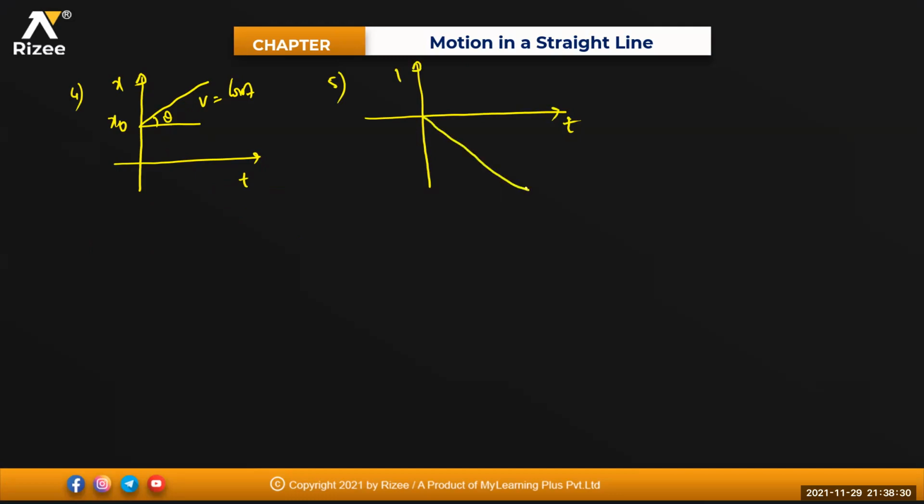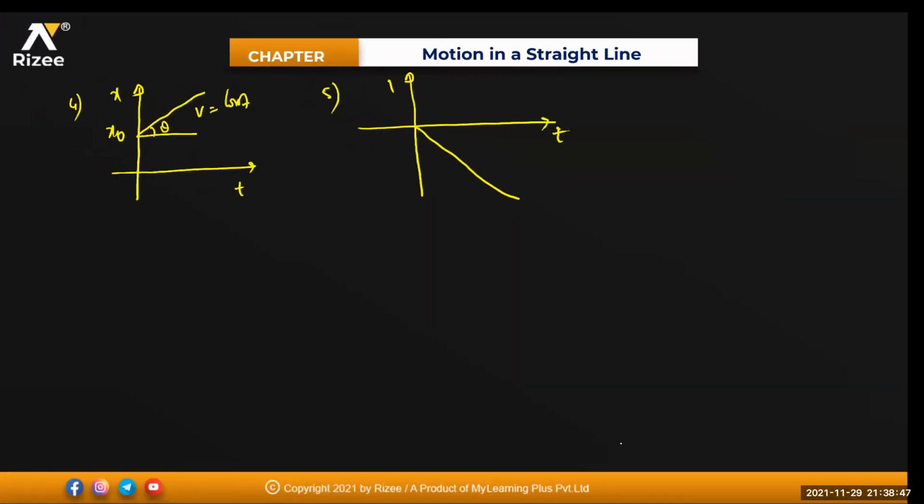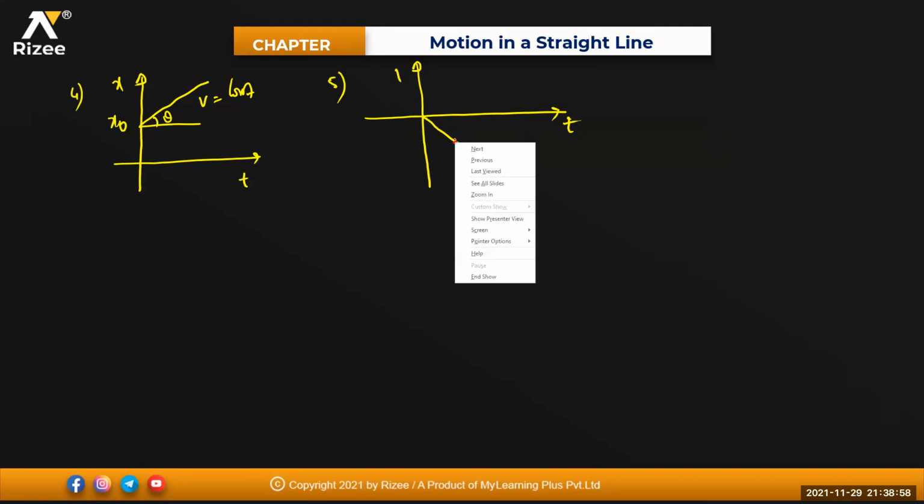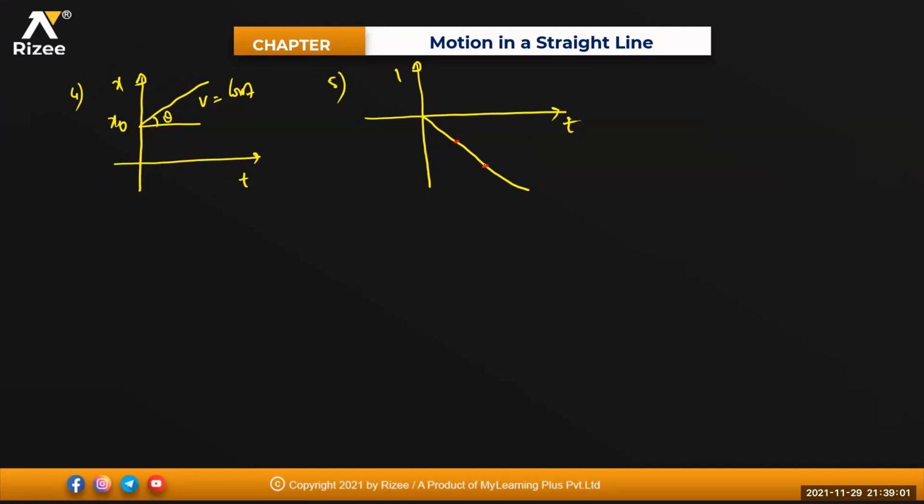If I have a graph like this, and whenever you take some points on this one, if I take some point here and draw a slope for this one, beta, this will be your theta 1 and this will be your theta 2.